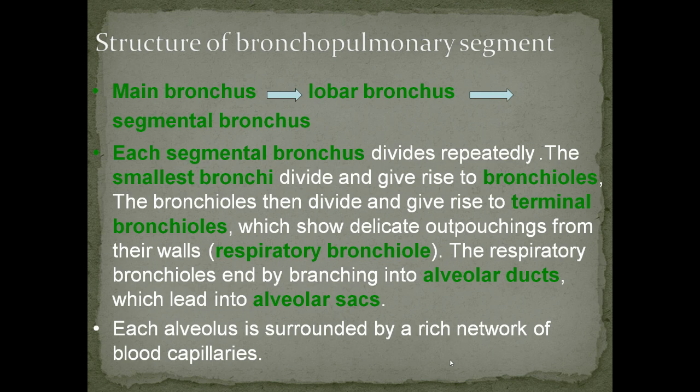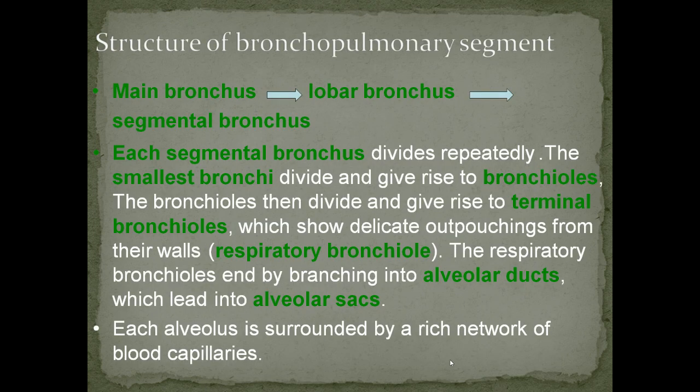Bronchioles then divide and give rise to terminal bronchioles, which show delicate outpouching from their wall, and the respiratory bronchioles, and by branching into the alveolar duct, which leads into the alveolar sacs. Each alveolus is surrounded by a rich network of blood capillaries.